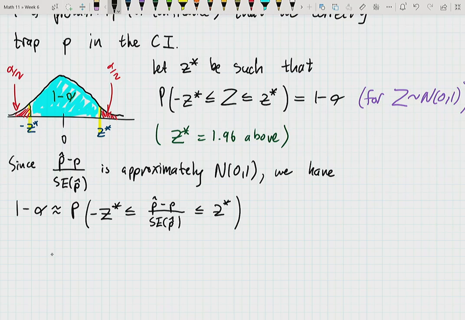Which I could also write as the probability that negative z star times the standard error of p hat is less than p hat minus p is less than z star times the standard error of p hat.